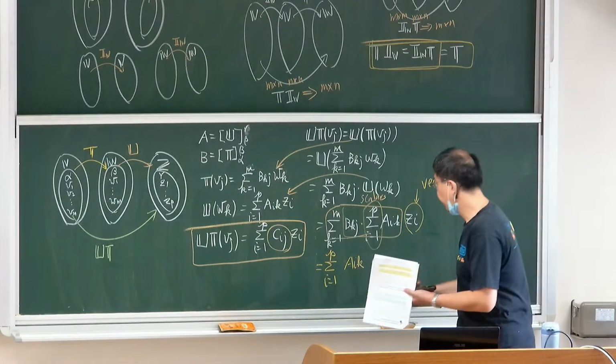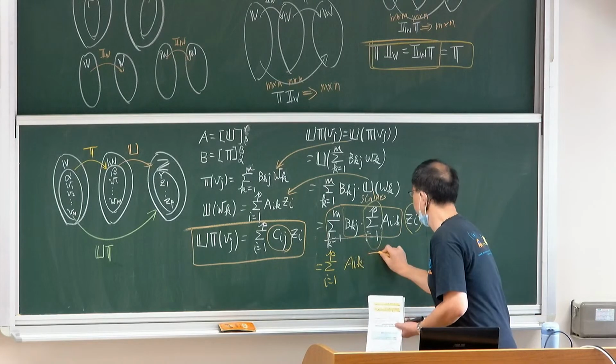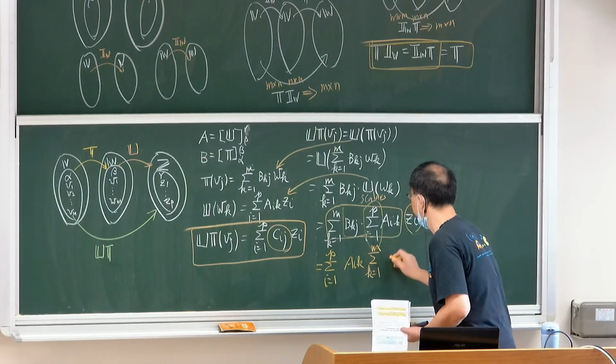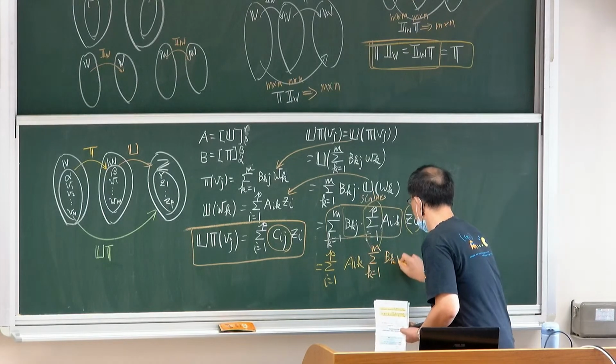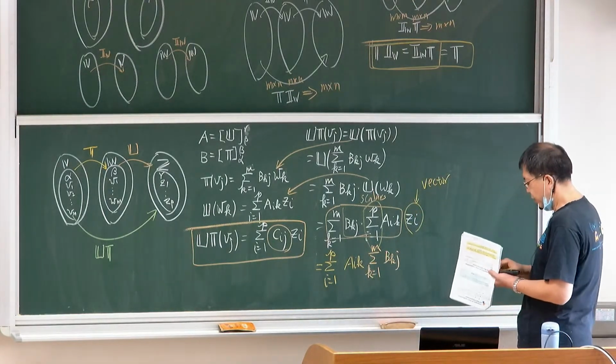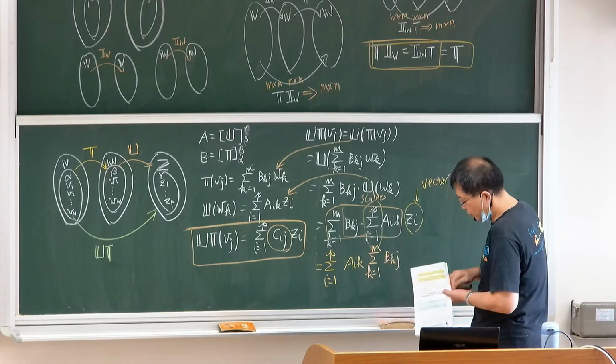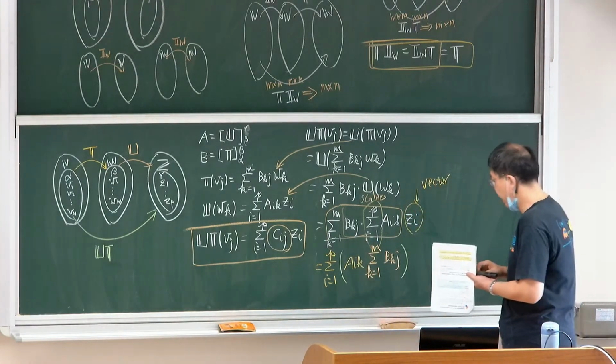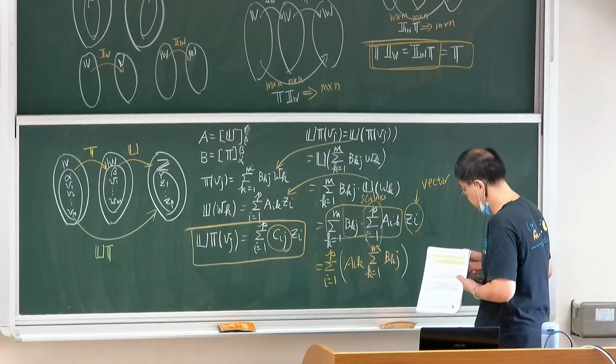So then I have summation K equals 1 to M, BKJ, and I use a bracket to cover it and have Zi here.